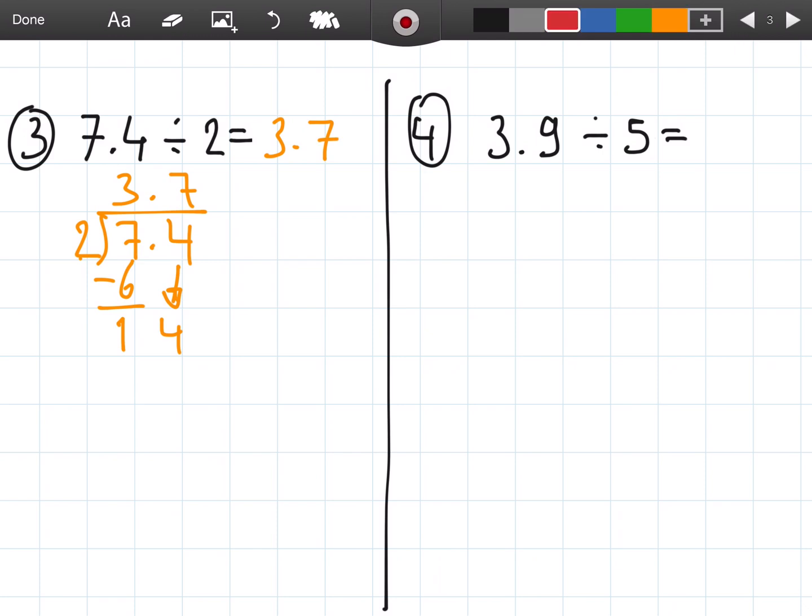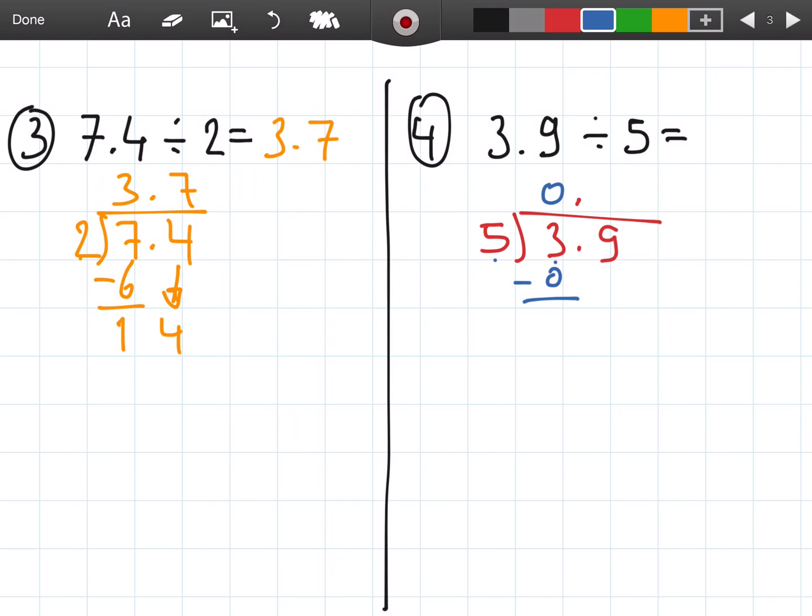Let's have a look at a slightly more difficult equation. 3.9 divided by 5. Again, using long division, we say how many times does 5 go into 3.9, and we'll make sure that we put the decimal point so that it stays in the same position. So we'll start off by saying how many times does 5 go into 3? Well, 5 into 3 goes 0 times.